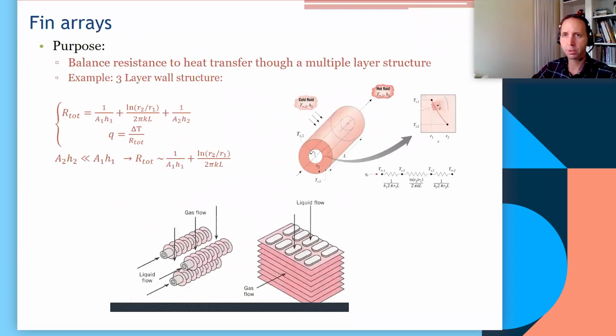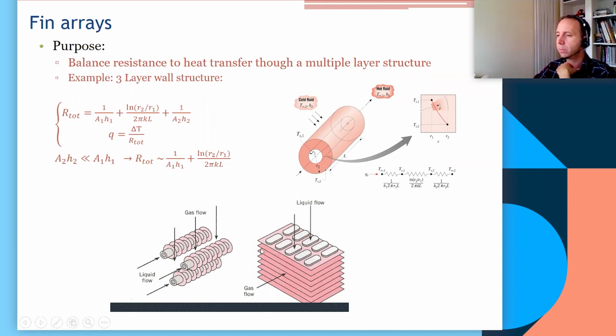Okay, so what do we have? First of all, what is the purpose of a fin? And you have an example there where you have a tube on which fins are added to the tube. And we see that quite extensively in engineering applications. And where do they usually happen? If you think a little bit about it, you may have already noticed that generally you get this kind of arrangement when you have a liquid inside the tube, maybe hot or cold, and you've got a gas flow on the outside.